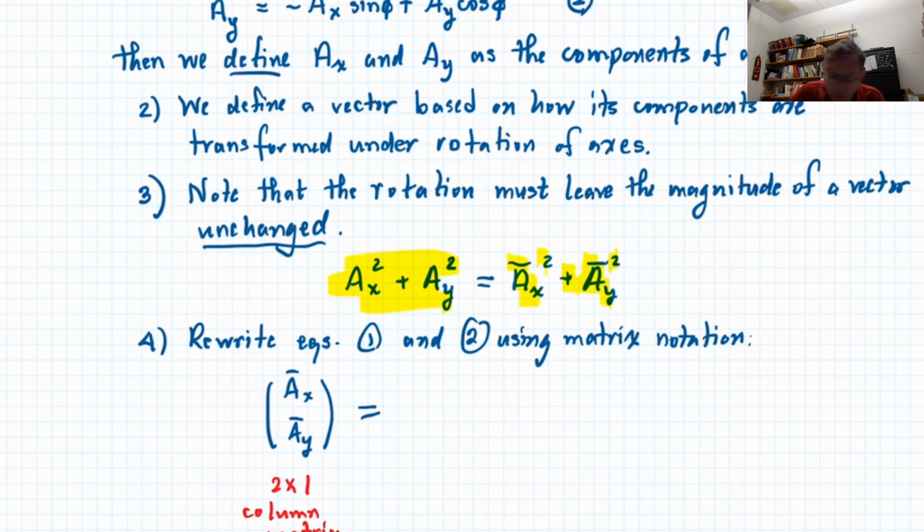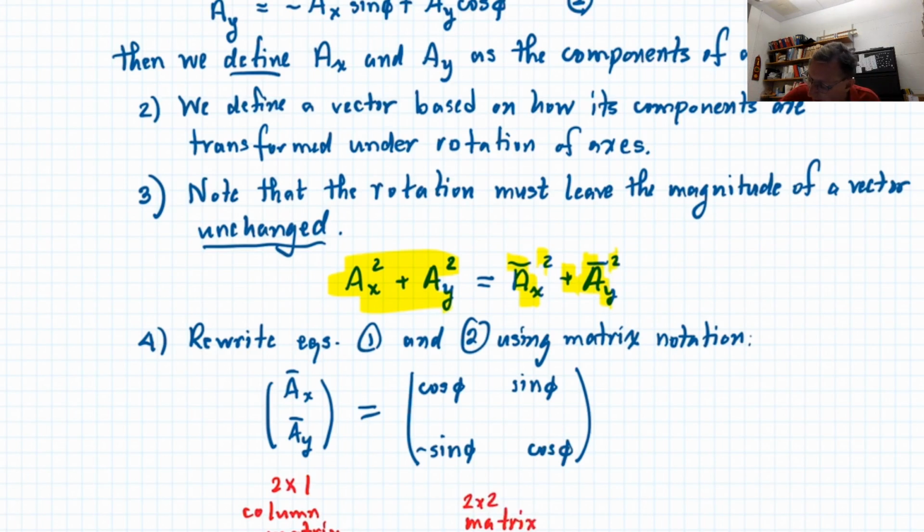a 2 by 2, a square matrix. And the elements in the first row will be cosine phi and sine phi. And in the second row, negative sine phi and cosine phi. So we have here a 2 by 2 square matrix. And then that gets multiplied by another 2 by 1 column matrix that has the first element a sub x and the second element a sub y.